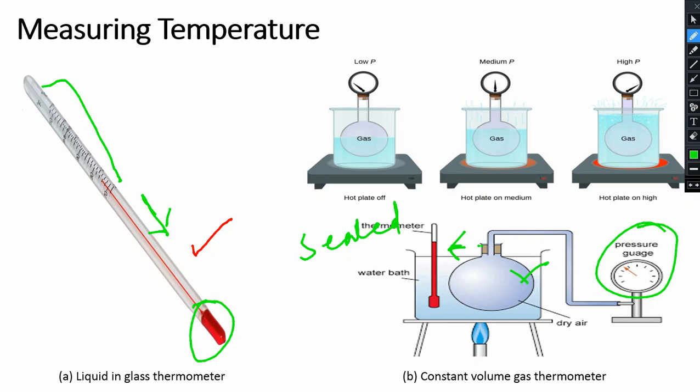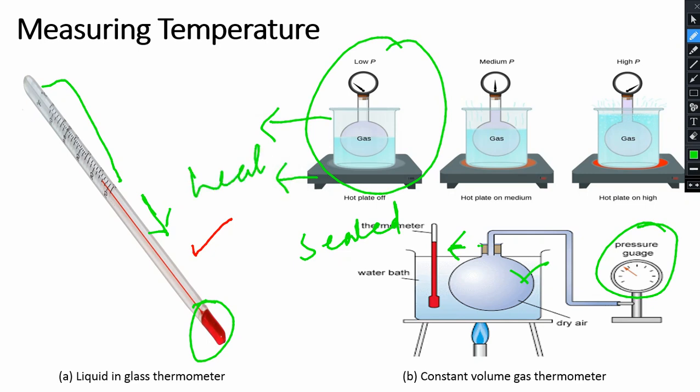If you look at this example, you have a beaker with water, and you put that round flask with the gauge in that water, and you start heating. Here is our heating. You start heating this water. What will happen?